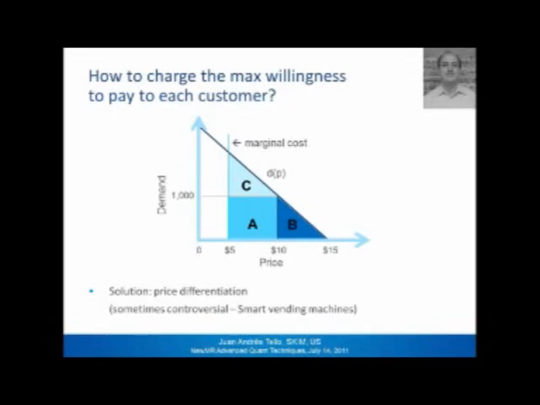It can sometimes be controversial, like in the case of the smart vending machines from Coca-Cola that I'll explain later. But there are some well-accepted techniques of price differentiation. Think about ladies' night. That's a gender-based differentiation. Think about the discounts that seniors or kids might get. That's an age-based differentiation.